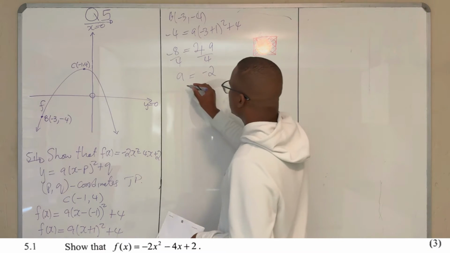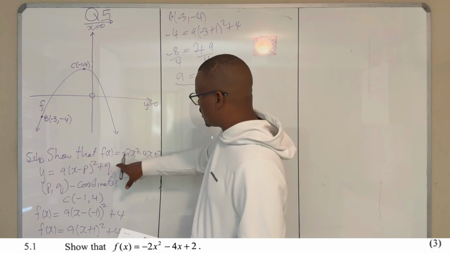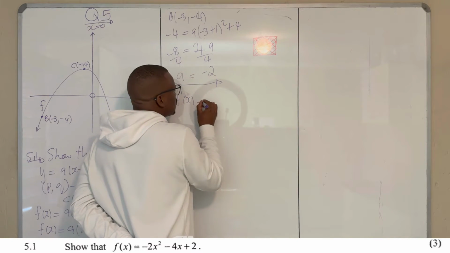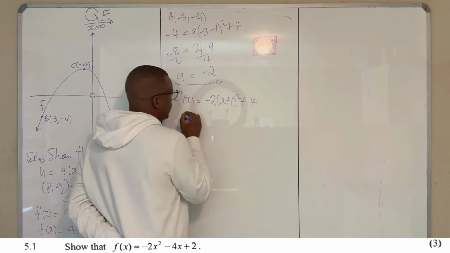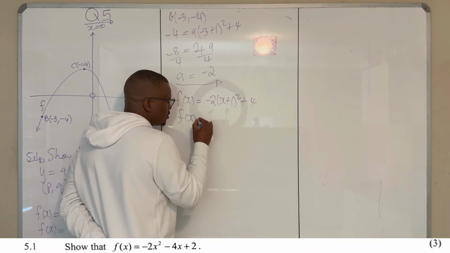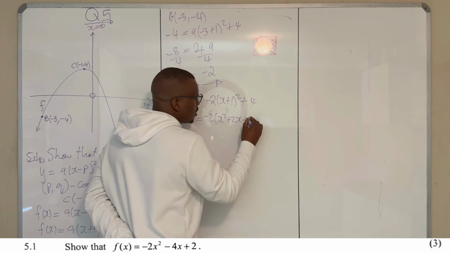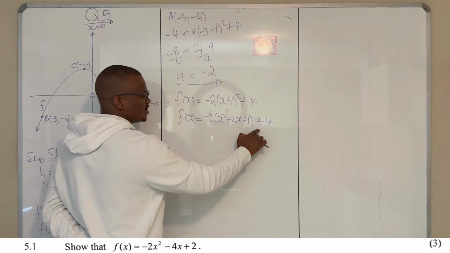In that case, take the minus 2 and put it back there and then multiply it out. So f of x is equal to minus 2 into (x plus 1) all squared plus 4. So f of x is equal to negative 2 into (x squared plus 2x plus 1) plus 4. Are you happy with this? Then you multiply this bracket out.